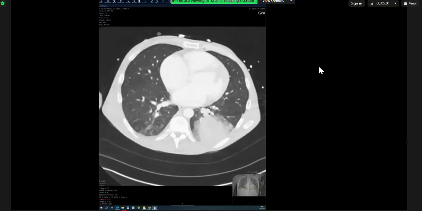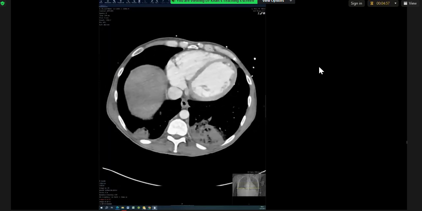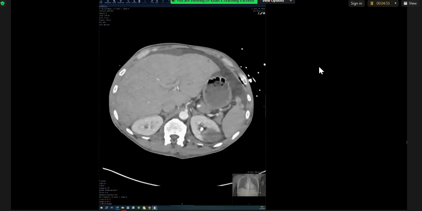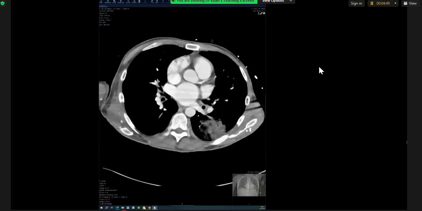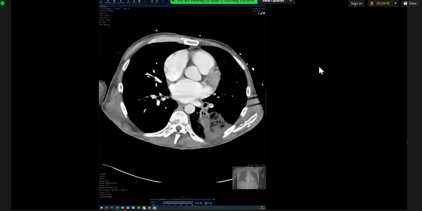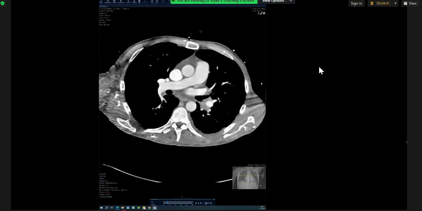Right. Okay. So bilateral. Sorry, I'll just have a better look at that. Can I just see the left main pulmonary artery as well? It doesn't go high enough. It's a cardiac CT. That's all right.